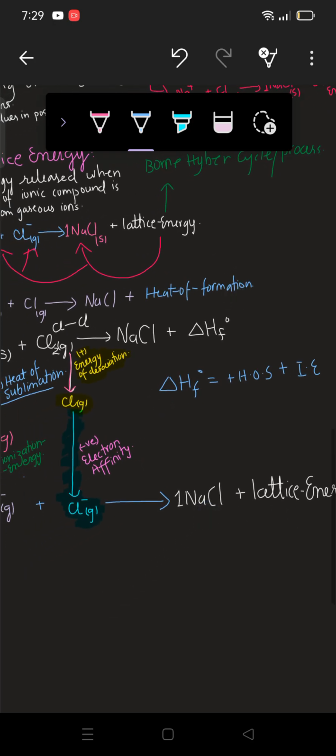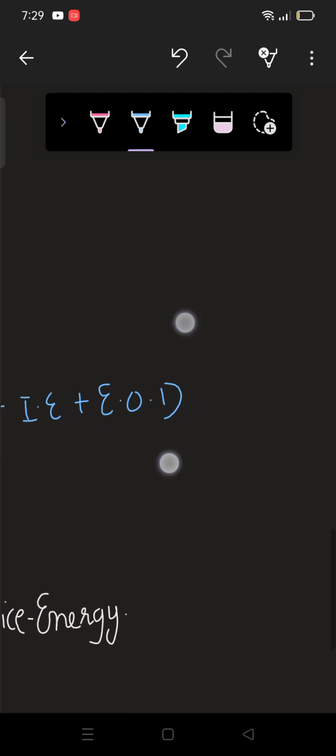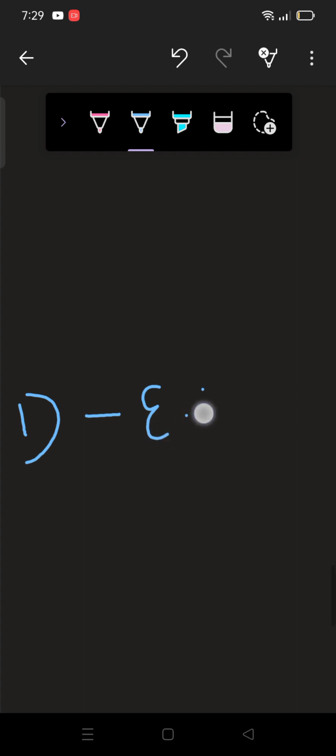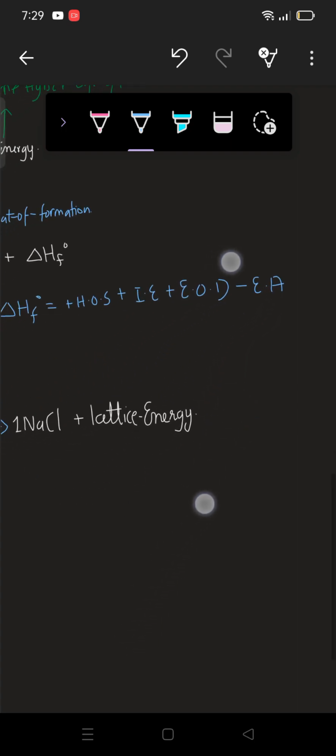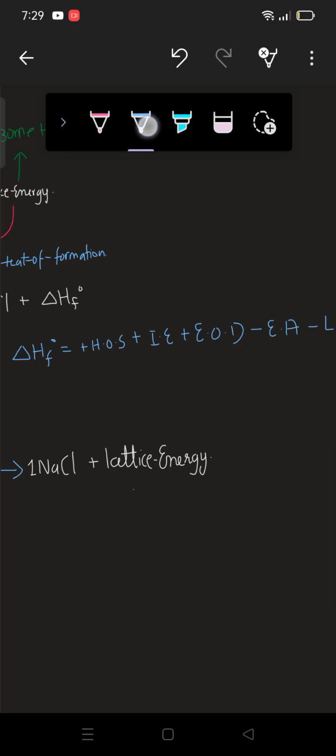Then we gave energy of dissociation, so plus energy of dissociation. Now this electron affinity is released, so that we will take negative. Again, lattice energy is released, so negative lattice energy. This would be the formula for the heat of formation.